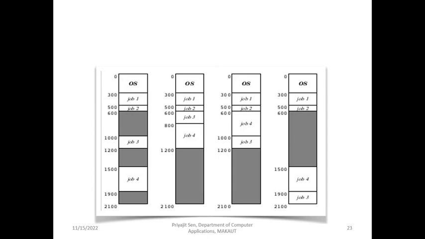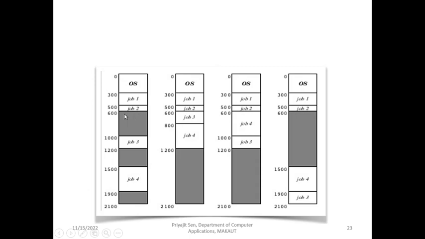So suppose you have some jobs that are kept in the memory. Initially we have the operating system. So from 0 up to 299 the addresses are for the operating system. Okay, from 300 to 499 it is for job 1, from 500 to 599 it is for job 2.